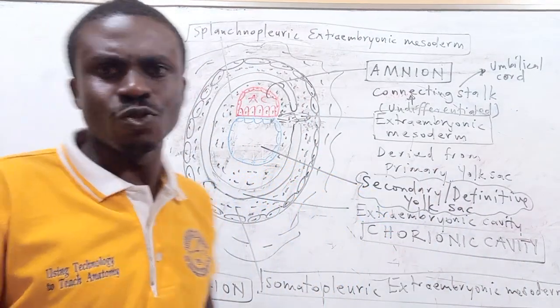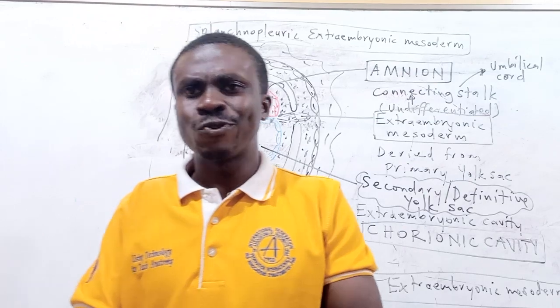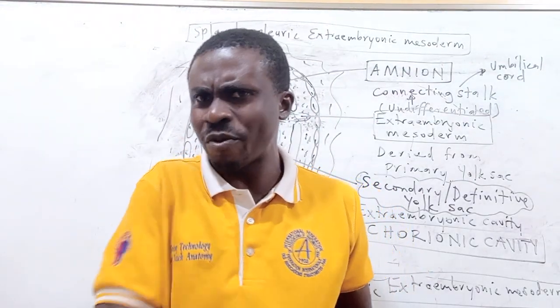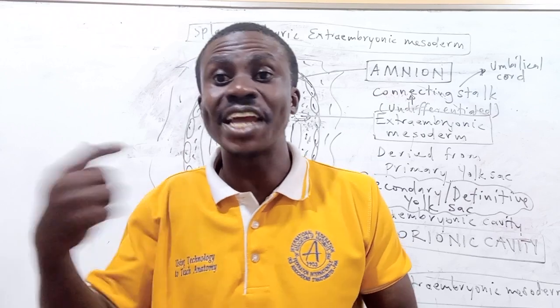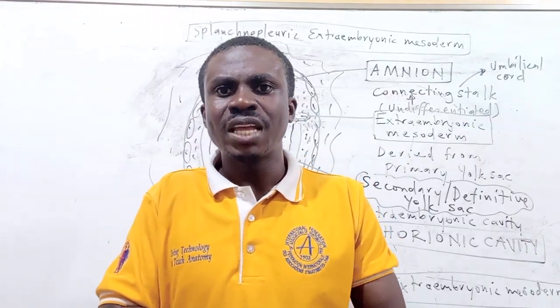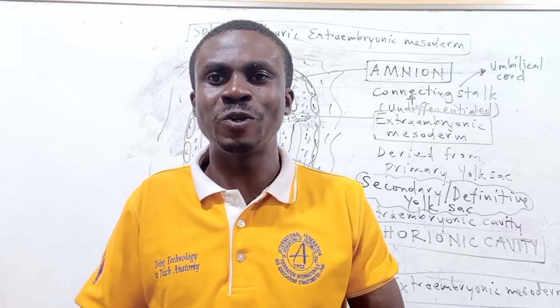So even in week 2, you saw that there was a primary yolk sac, eventually becoming the secondary yolk sac. Two things we've seen. So my friends, I hope you find this meeting helpful.